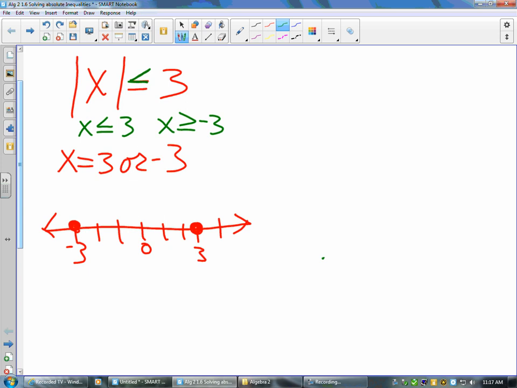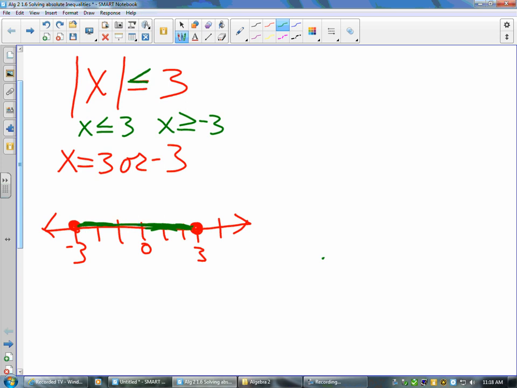So this graph changes so that we're not just shading 3 and negative 3. X is smaller than or equal to 3, so we shade all the numbers smaller than it on this side, and all the numbers bigger than negative 3, x is greater than or equal to negative 3.